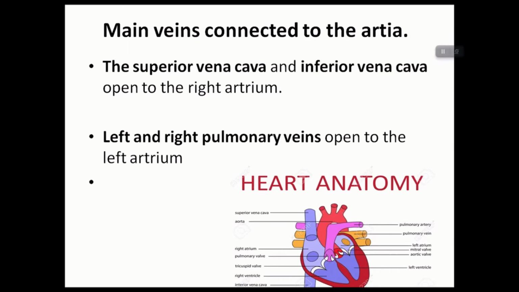The superior vena cava and inferior vena cava open to the right atrium. Left and right pulmonary veins open to the left atrium. You can see that. Left atrium, you can see. Okay.